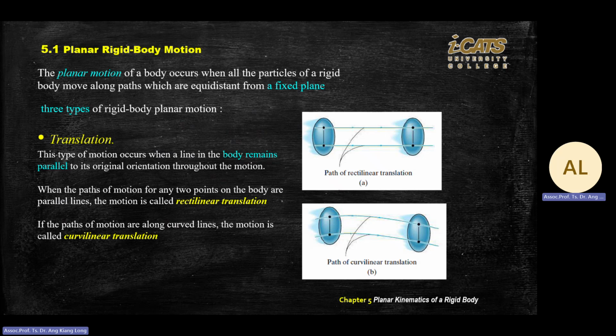Rigid body motion has three types, and under translation you have two: one on the straight line, one on the curved line. If it moves in a straight line, it's rectilinear; if it's curvilinear motion, then it's curvilinear translation. These are the two types of translation motion: straight line and curve.